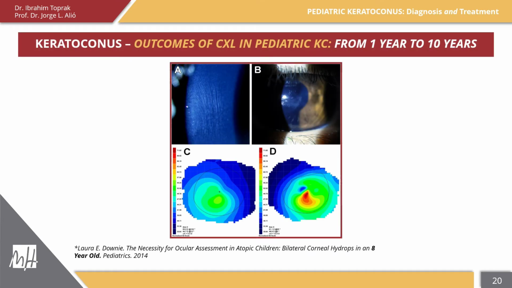This figure belongs to a child with bilateral corneal hydrops. We want to emphasize the necessity of ocular assessment in atopic children and the necessity of urgent treatment in this photo.